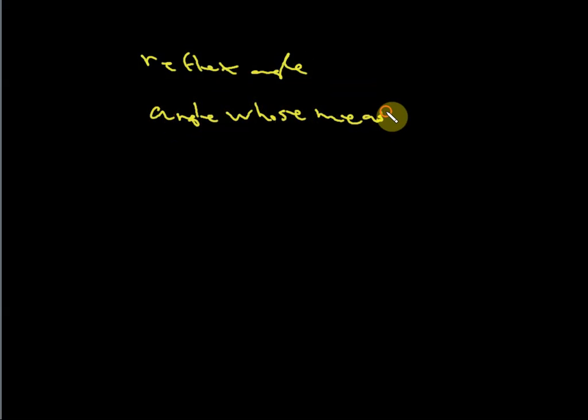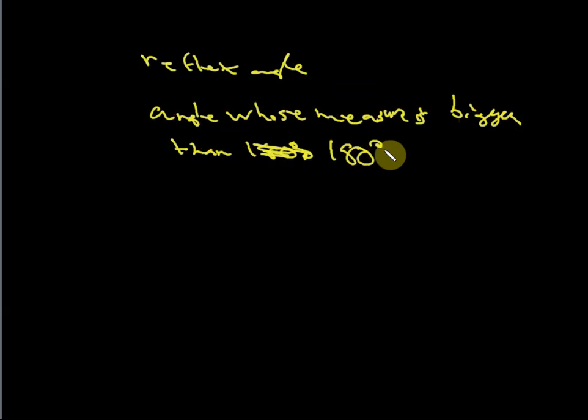Okay, so then the other two concepts we have is a reflex angle, which is an angle whose measure is bigger than 180 degrees, but it's less than 360 degrees.